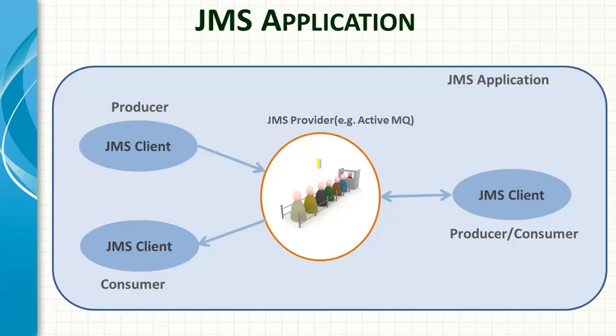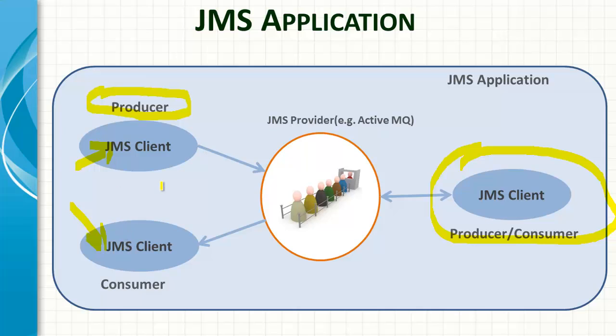If you want to represent it pictorially, this is me, this is my friend, and this is somebody else as well. This JMS client is a producer of the information, this JMS client is a consumer of the information, and this JMS client is both producer as well as consumer, so it can send as well as receive.